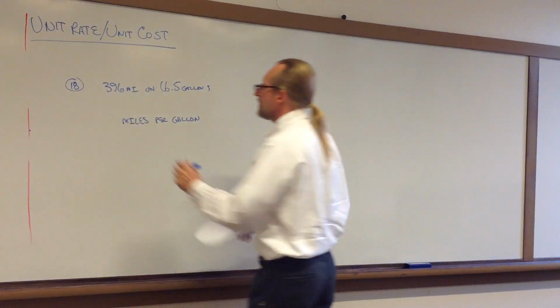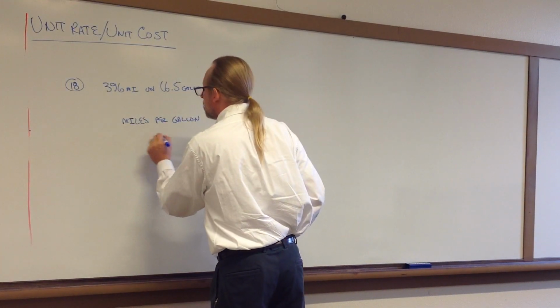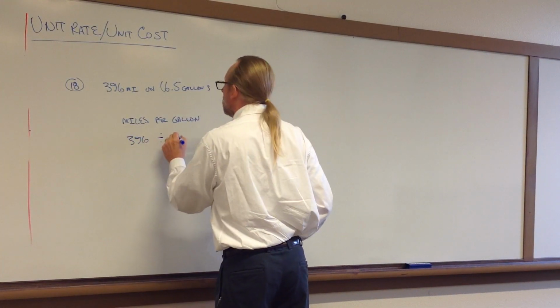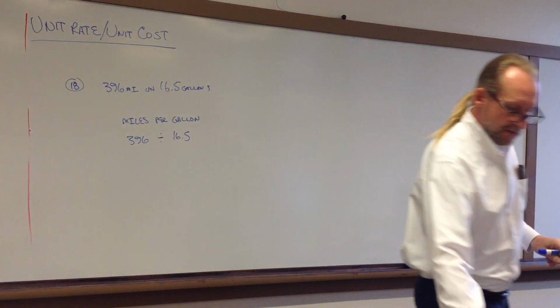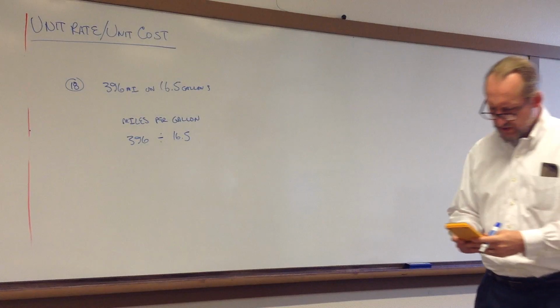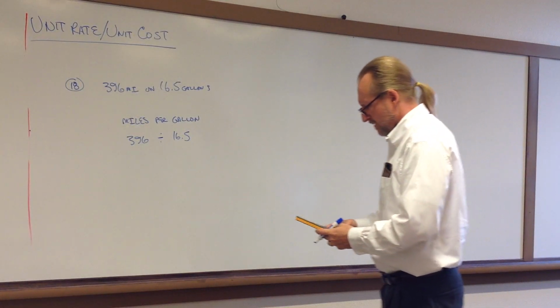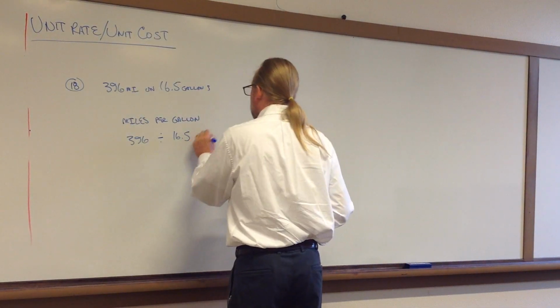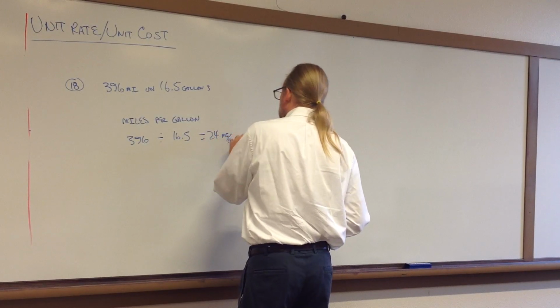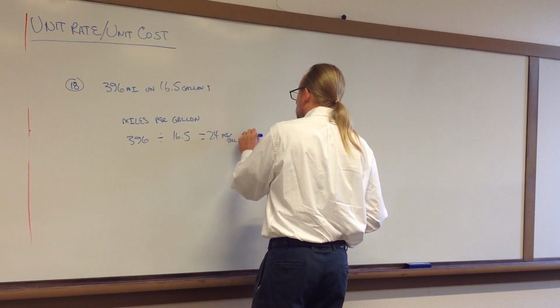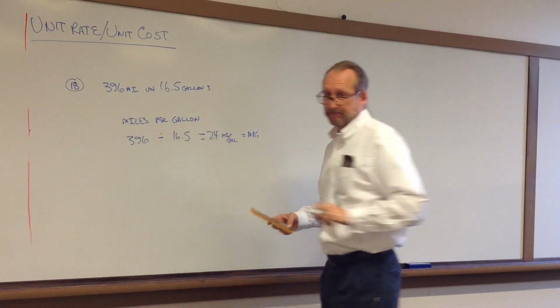So the miles is 396. Remember, the per means divided by 16.5. And so then we'll get the calculator out here. 396 divided by 16.5. And that equals 24 miles per gallon. You'll sometimes see this abbreviated MPG.